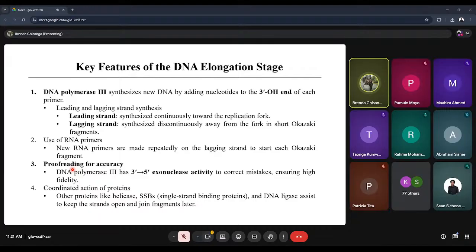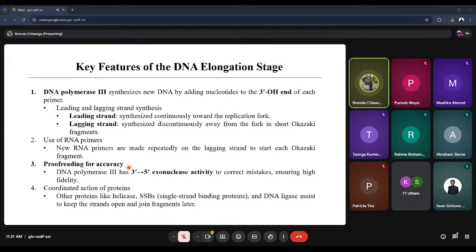Also, DNA replication is not immune to mistakes, meaning that in life, making mistakes is very normal. If you don't make mistakes, then you're not living. So point number 3 is acknowledging the fact that DNA replication is not immune to accidents or mistakes. And these must be corrected.